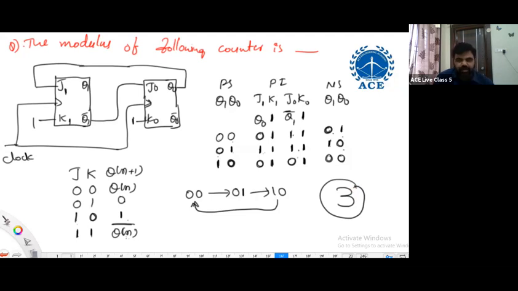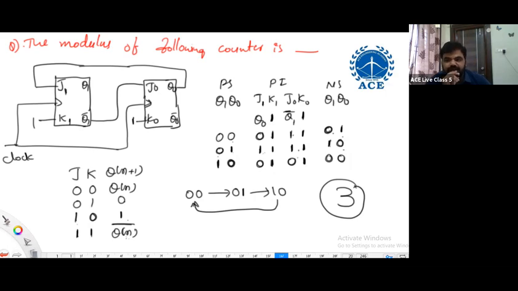There is no such reason. We want to design a counter using SR flip-flop, we can also design it. Just try. It is not like that. While designing the counter itself, we take care that we don't get that SR 1-1.